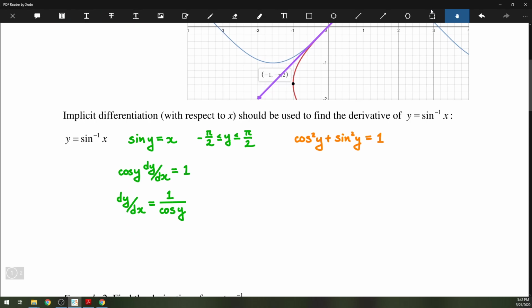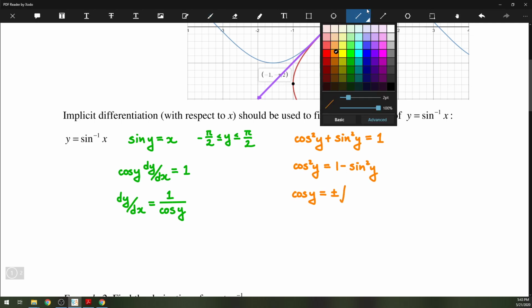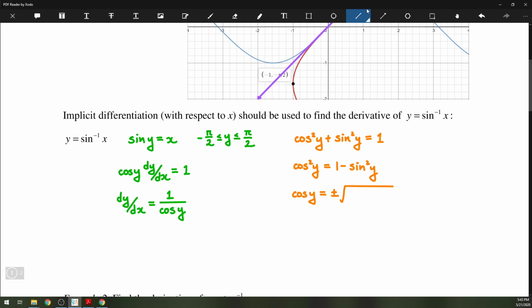We can subtract sine squared y from both sides, so cosine squared y is equal to 1 minus sine squared y. Now, we can take the square root of both sides. So we get cosine y is equal to positive or negative the square root of 1 minus sine squared y. And it's still not super useful yet.